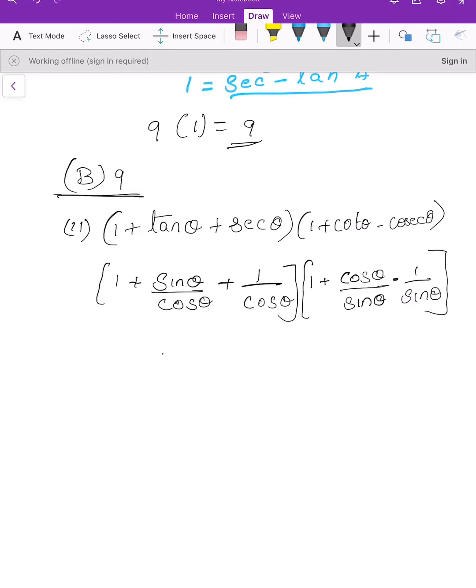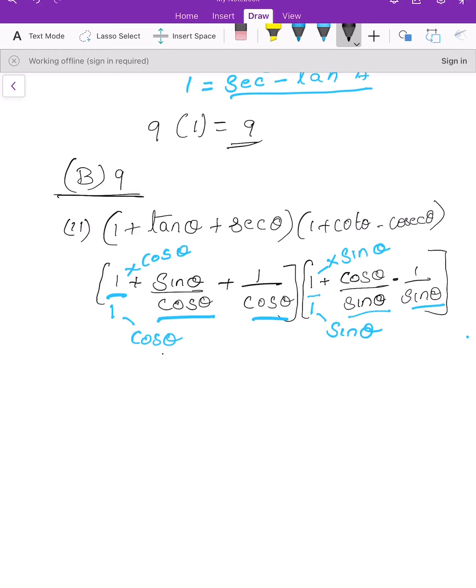Now the next step is I am taking my LCM. These two are cos theta and this is 1, so I have to make it into a cos theta denominator. I am multiplying both the numerator and denominator with cos theta.